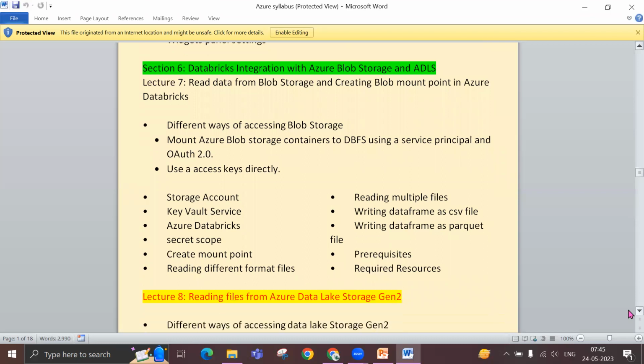We will also discuss different formats like Parquet, which we used in Azure Data Factory, as well as Avro and ORC, along with CSV.